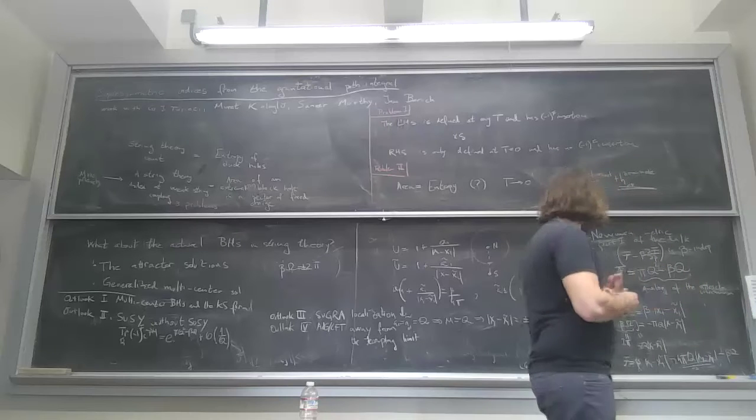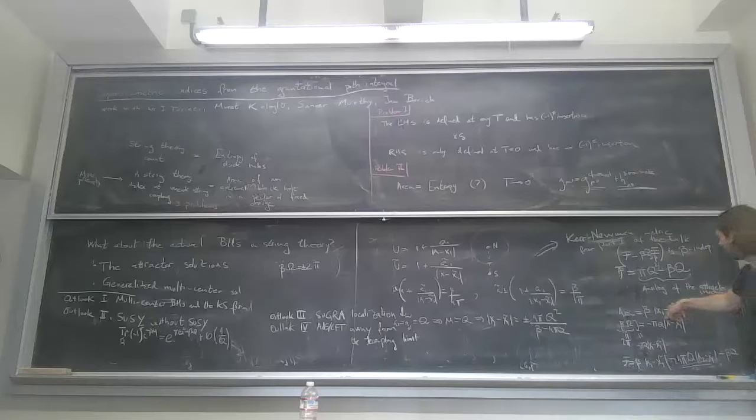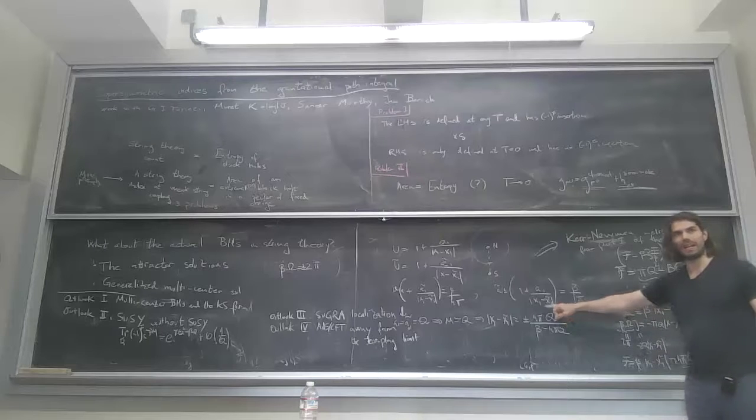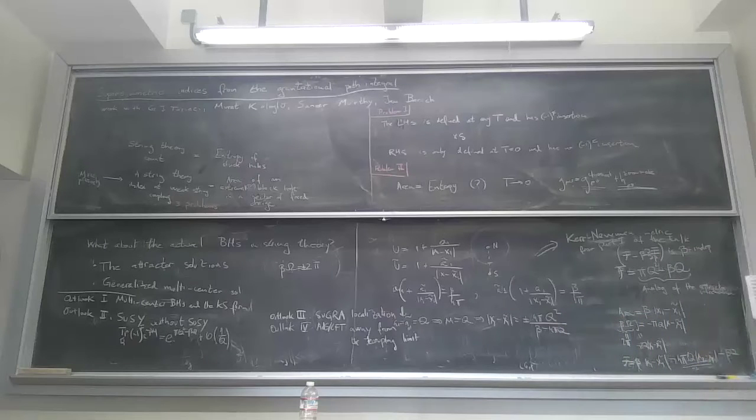Yeah, it also has the right area. You mean if you plug this in here? Yeah, exactly. And take beta to infinity, it just becomes the area of a big extremal black hole. The beta going to infinity limit is always somewhat singular, so it's a bit hard to tell.